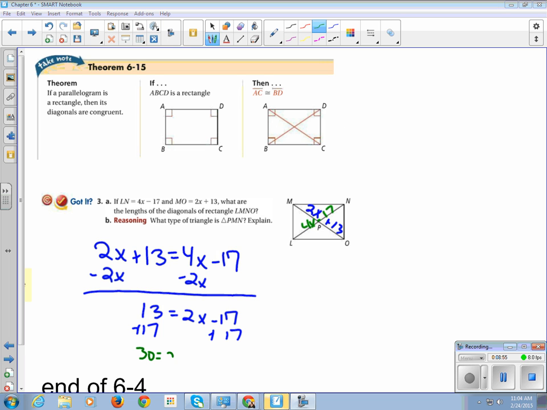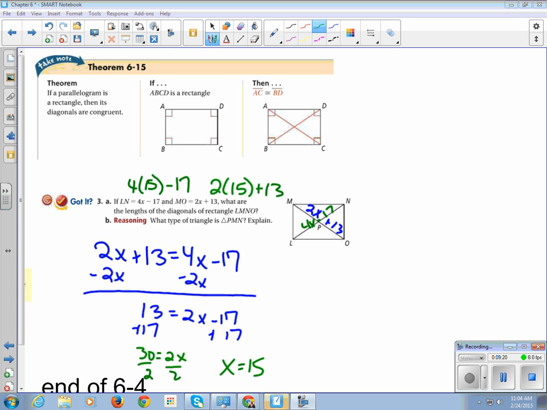So x in this scenario is 15, but it doesn't want 15 as an answer. It wants the length. So we're going to plug 15 back in for x.